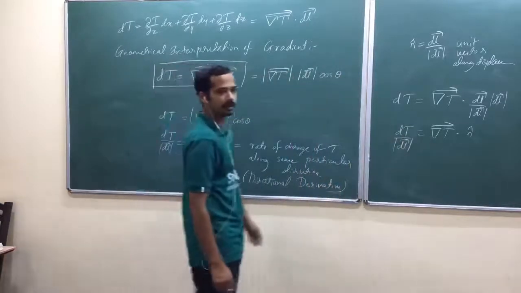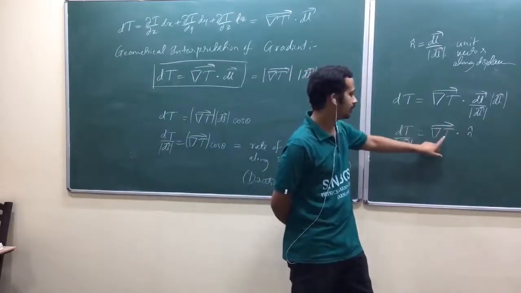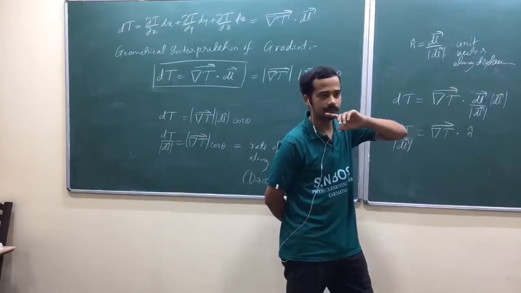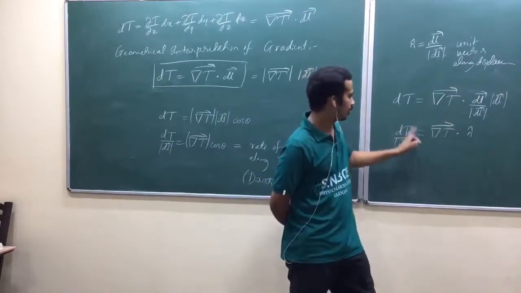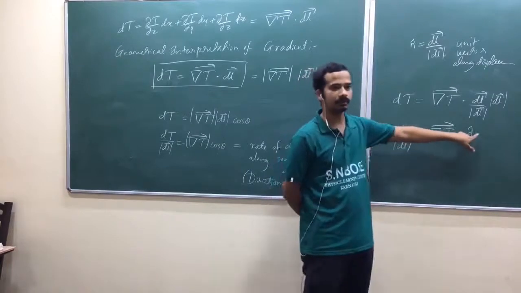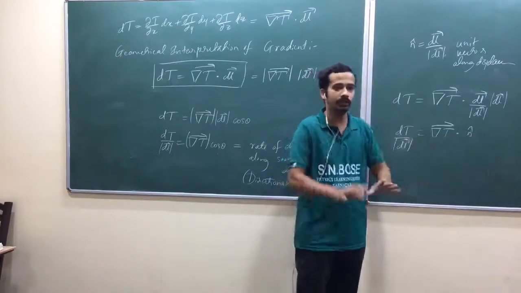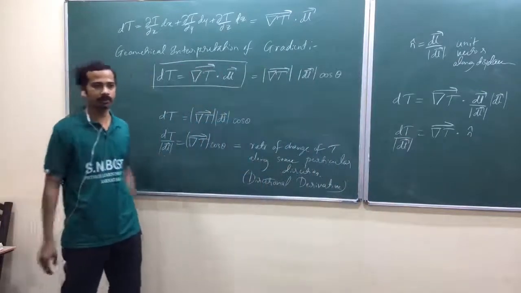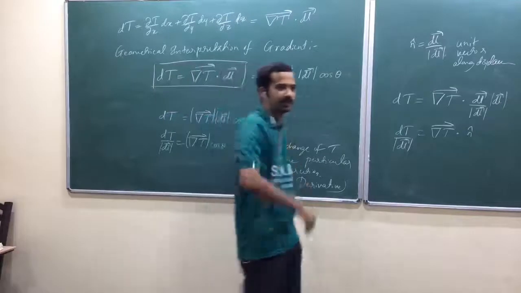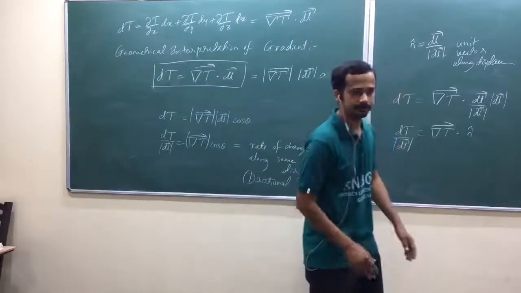So that's the directional derivative. What is this one? This will represent rate of change of t along n cap direction. Can I say like that? Directional derivative means rate of change of that parameter along that direction. Any direction, you have to talk by unit vector. That's the best idea. Am I right? Because unit vector will not impose any magnitude, isn't it? So any direction you better talk with a unit vector.